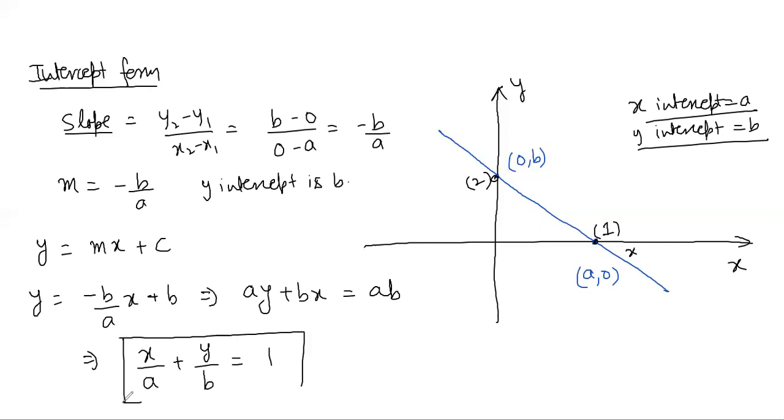So this is another form of equation of line. So we have discussed two important forms, y equal to mx plus c and x by a plus y by b is equal to 1.